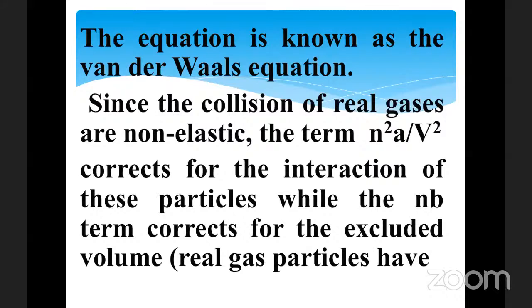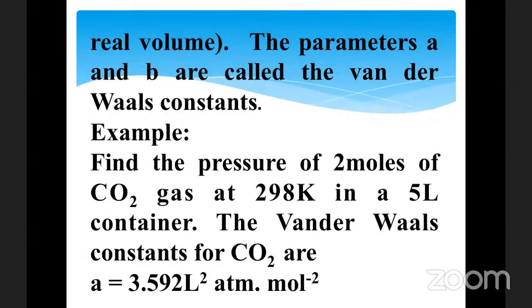Now, since the collisions of real gases are non-elastic, the term n squared a over V squared corrects for the interaction of these particles, while the nb term corrects for the excluded volume. That's the real gas particles have real volume.